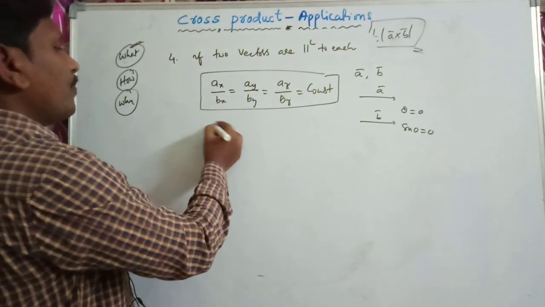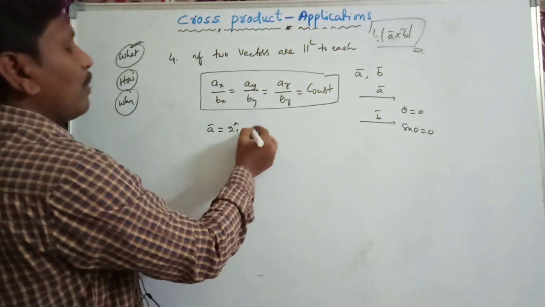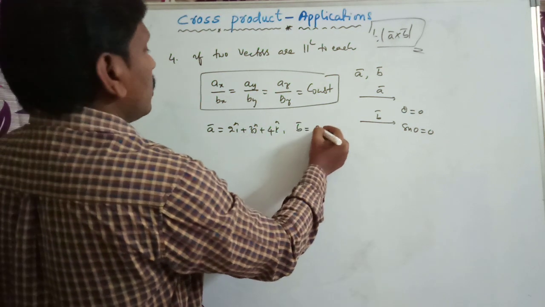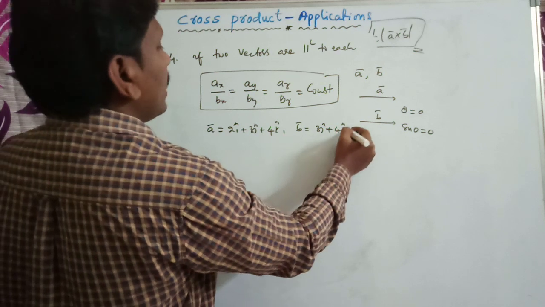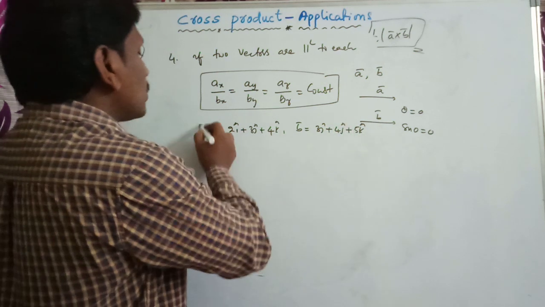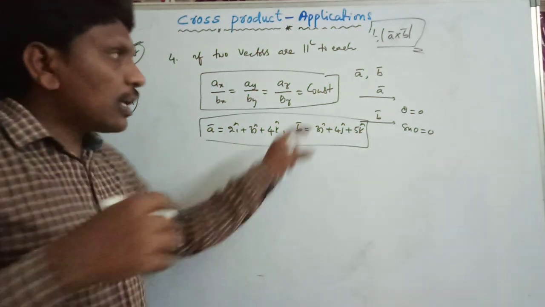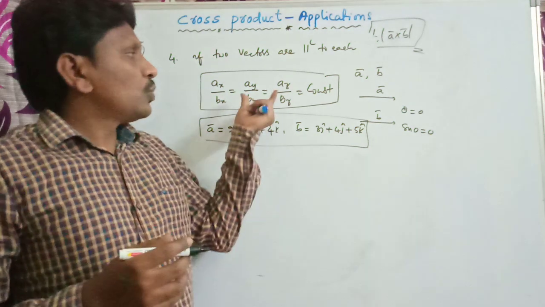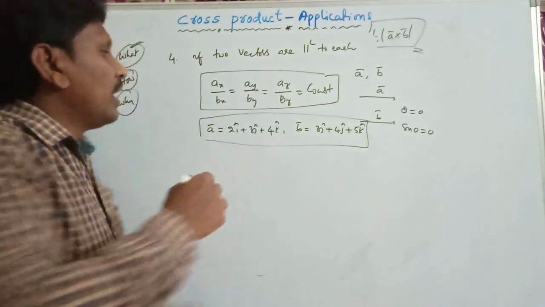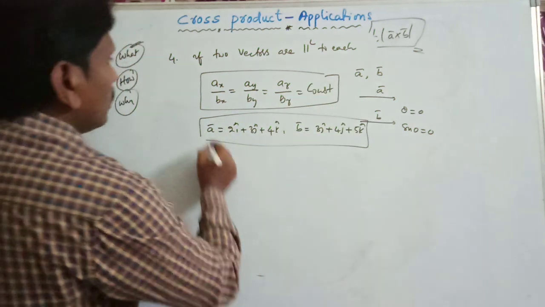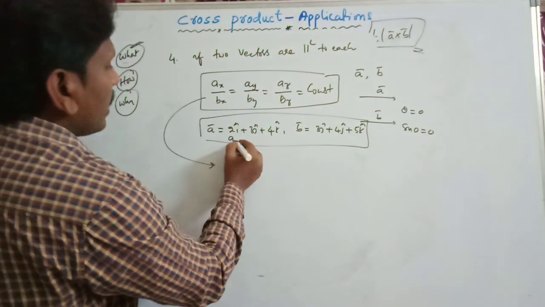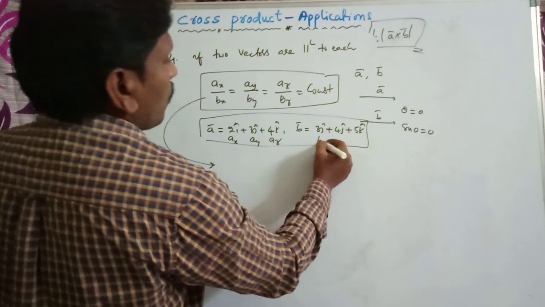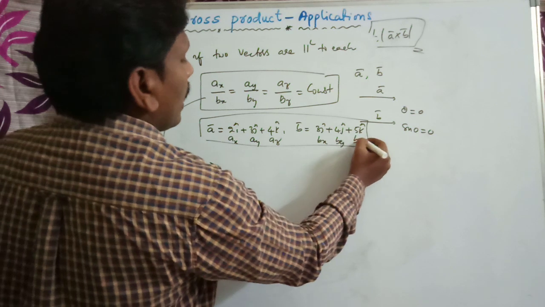For example, A bar is nothing but 2i cap plus 3j cap plus 4k cap, and B bar is nothing but 3i cap plus 4j cap plus 5k cap. Let us consider these vectors are parallel to each other. In that case, how can we do the problem? This is the formula we need to apply. Ax, ay, az, bx, by and bz.